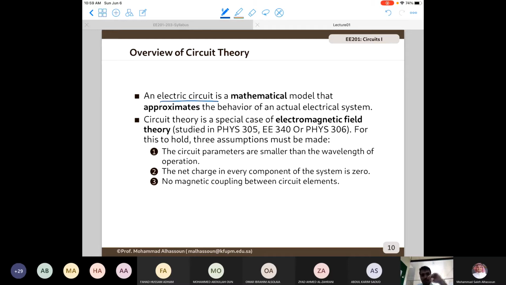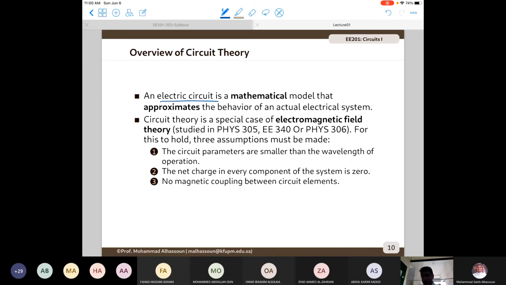Throughout this course, and in almost all of the analysis that you're going to see in all of the 200 level courses, you are assuming that you have circuit theory, this special case. You don't have the electromagnetic field theory.